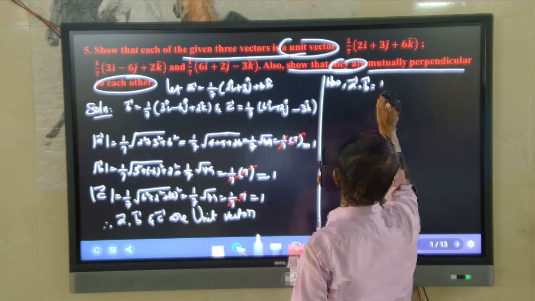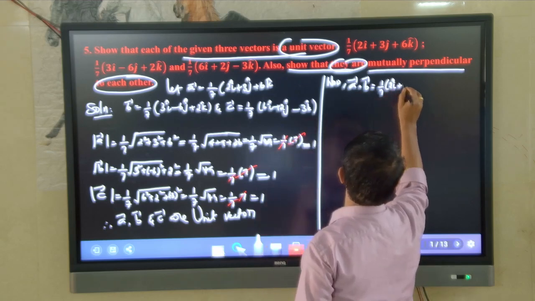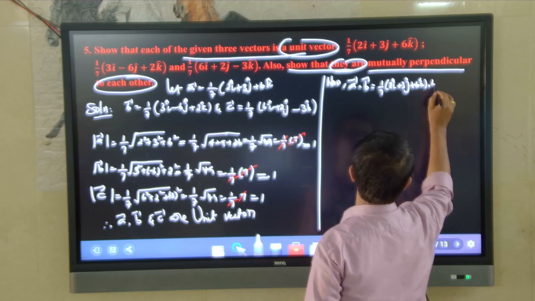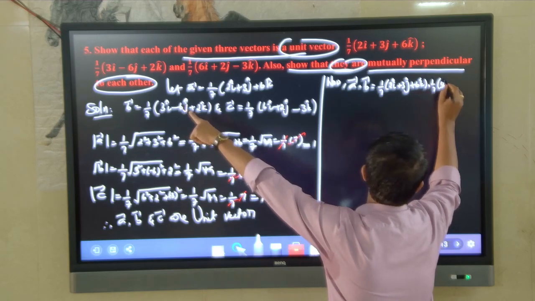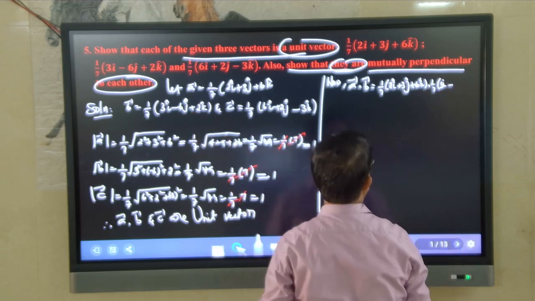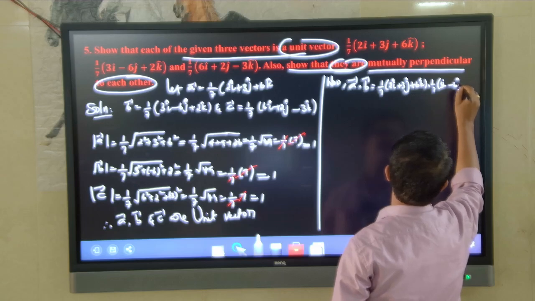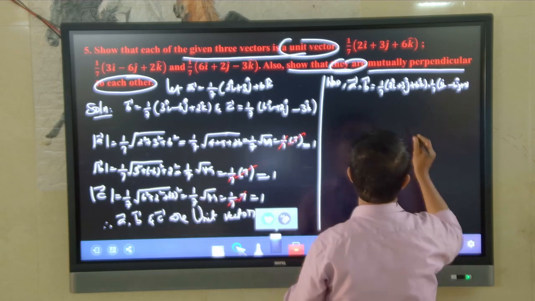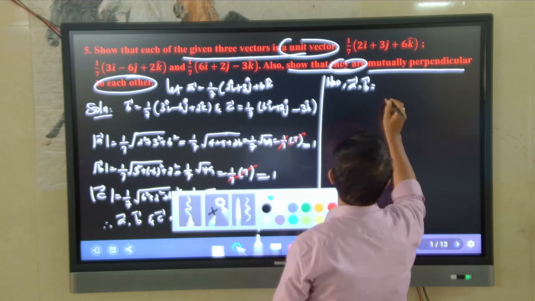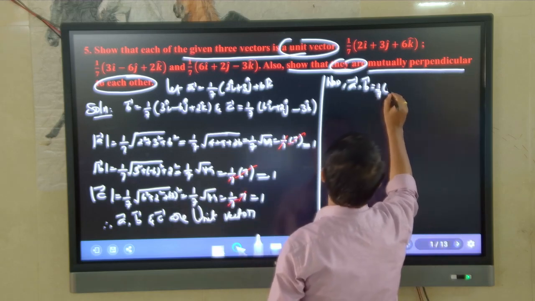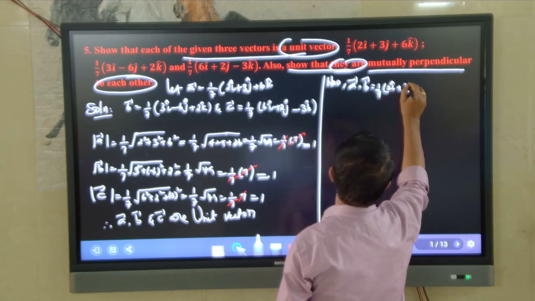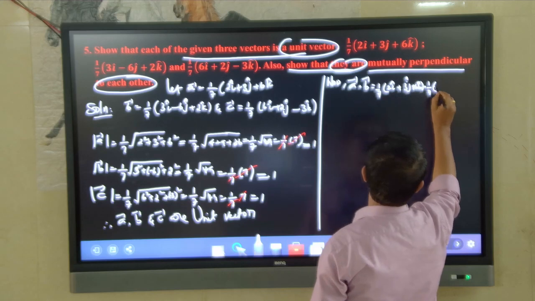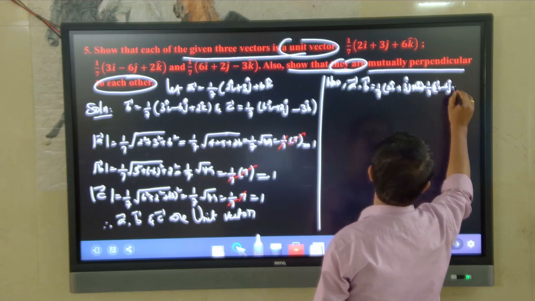What is A vector? 1 by 7 into 2i cap plus 3j cap plus 6k cap, dot 1 by 7 into 3i minus 6j plus 2k.